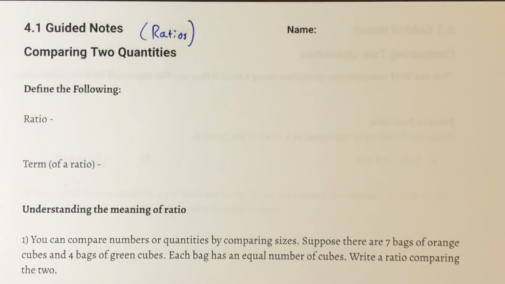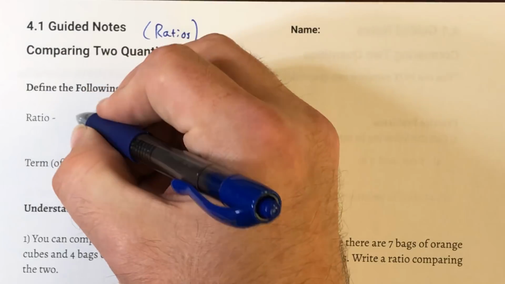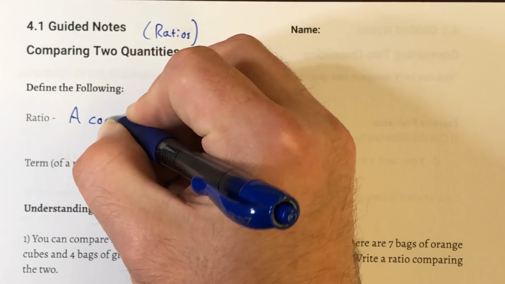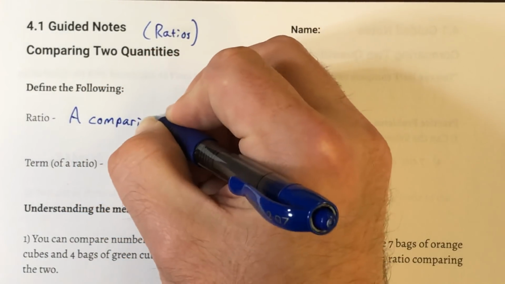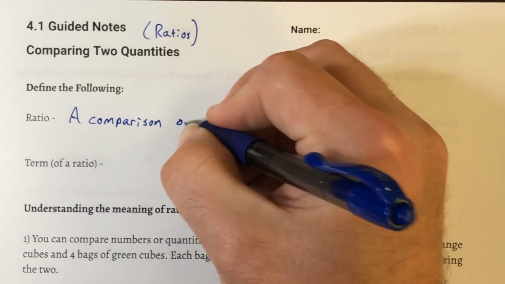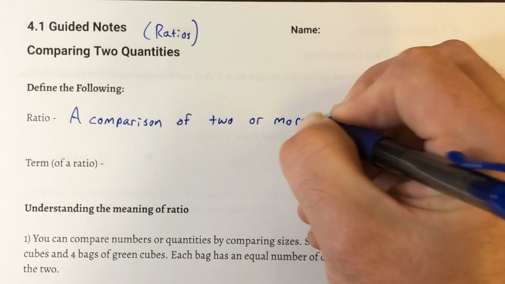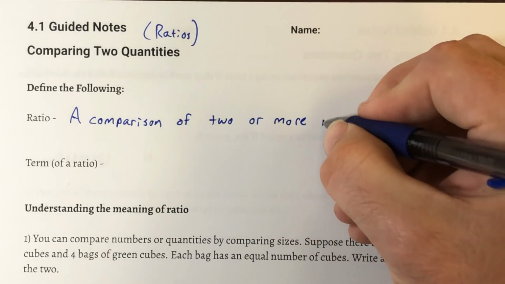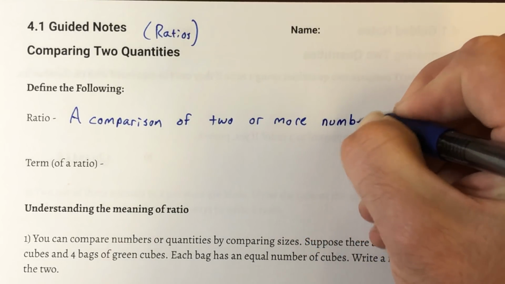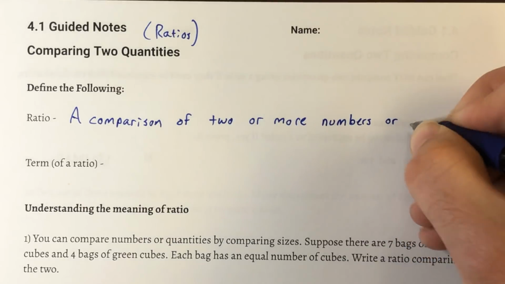All right, we have two vocab terms to go over. The first being ratio. A ratio is a comparison of two or more numbers or quantities.